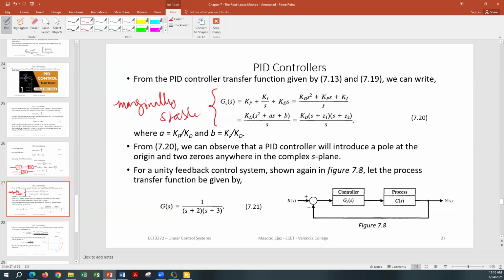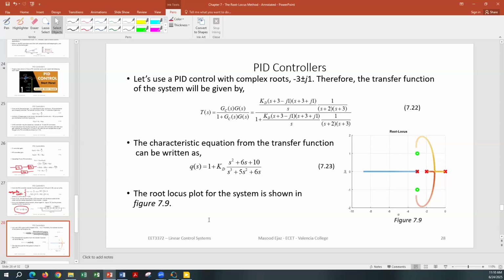All right, let's look at the plant or process. Let's say the transfer function is 1 over (s plus 2)(s plus 3). Let's use PID control with complex roots at -3 plus or minus j1. Therefore, the transfer function of the system will be given by this.